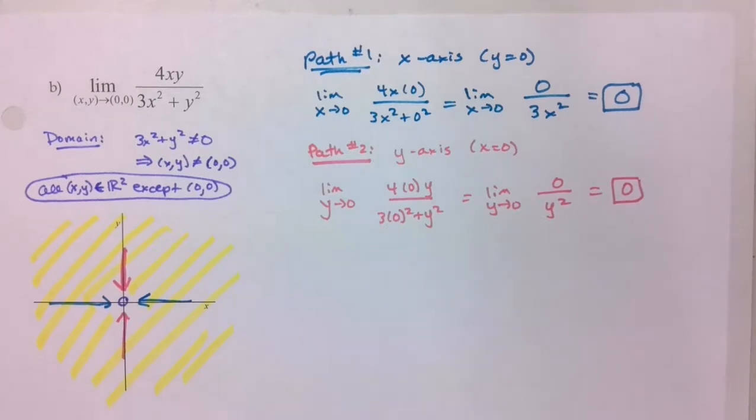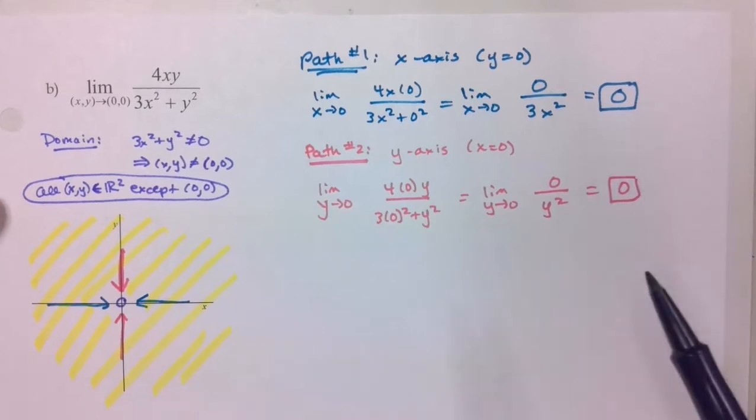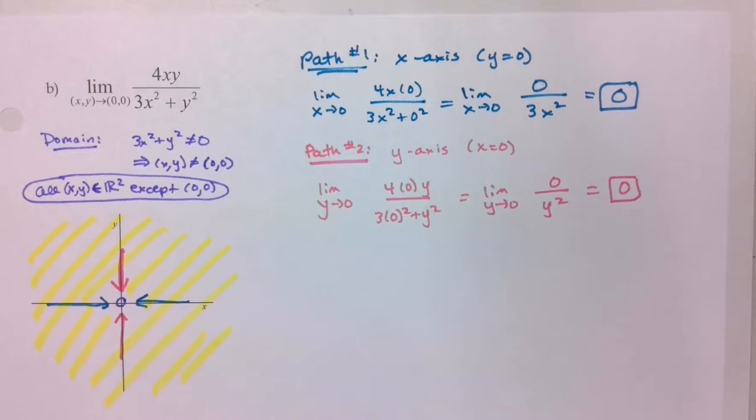So far, I'm not proving what I want to prove. My goal here is to prove that those numbers don't exist, that the limit does not exist. And so far, I'm not proving that because I've got that they're the same. And I know, quote unquote, that this isn't going to work out because the problem told me that that's what I was trying to prove. So that means I need another path.